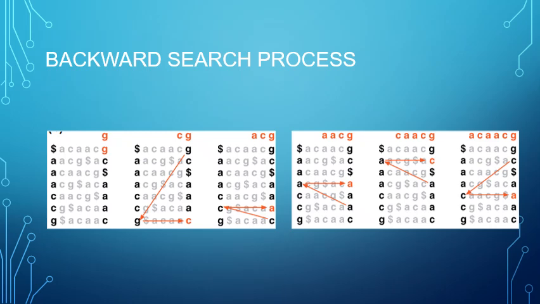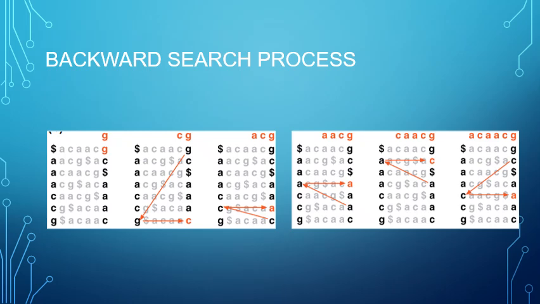The first character in our last column is G. So from there, we know that we will go to the first column and we will go to the same character G in the last place of our first column.